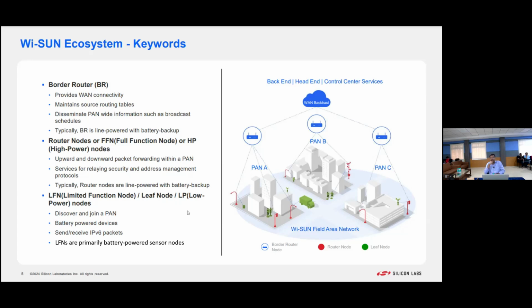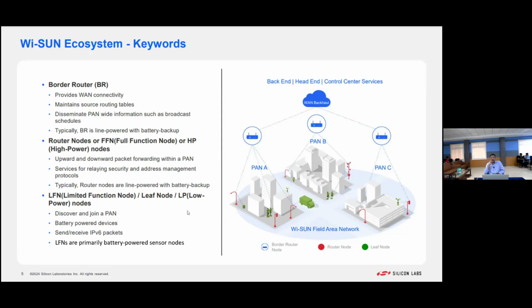The next level of routing is at the ones presented in red. Those are the street lights and buildings where the router nodes are installed, and the leaf nodes can route the data to the cloud through the router nodes.